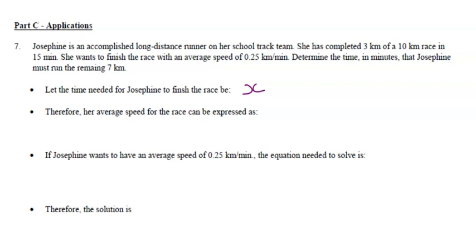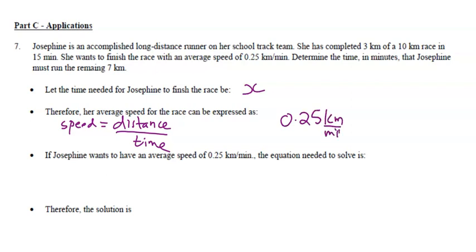Therefore, her average speed for the race, so average speed is going to be total distance divided by total time, right? Speed is distance over time. So her average speed we want to be 0.25 kilometers per minute.